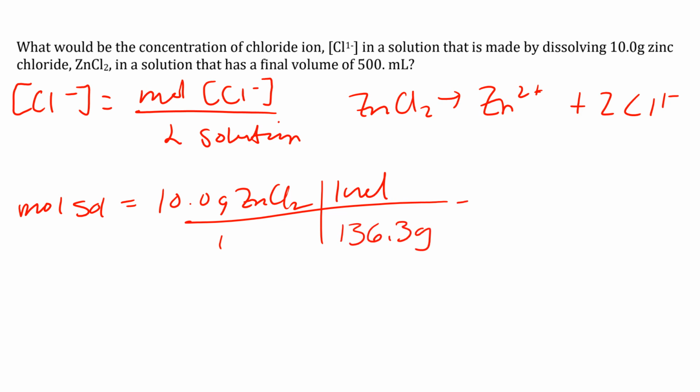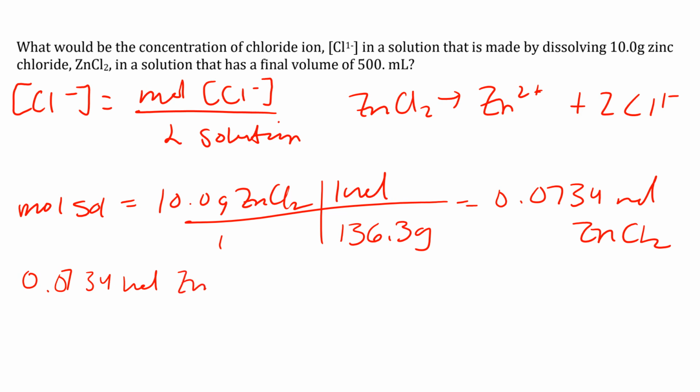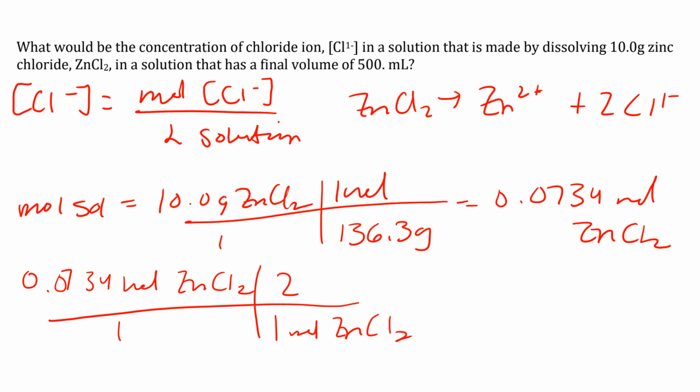This will give me about 0.0734 moles of ZnCl2. I'm going to convert this over from 1 mole of ZnCl2 to 2 moles of Cl1 minus. That'll be about 0.147 moles of Cl1 minus.